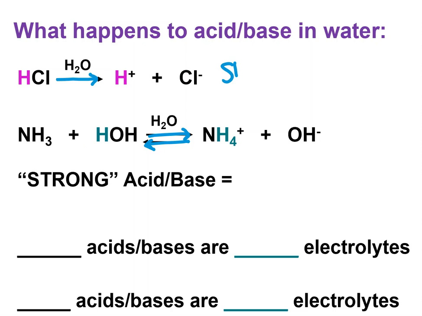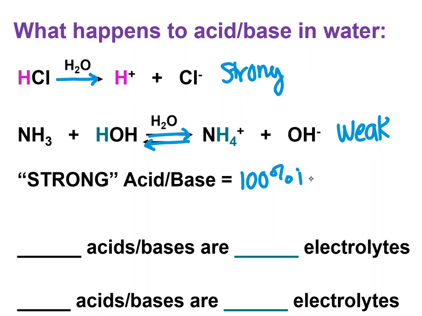So this we call strong. It will be 100% ions, and this we would call weak because it's not going to all stay in the ion form. So strong acid and base means 100% of it is in the ions, 100% ionized.